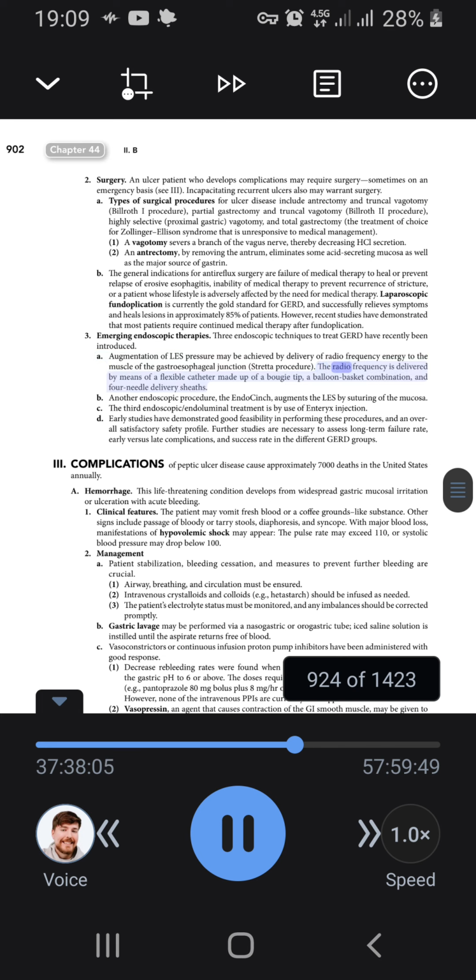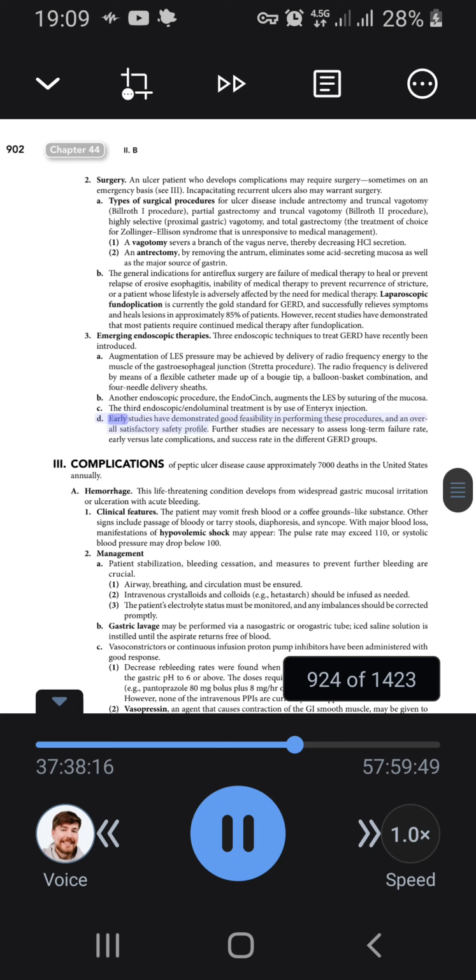The radiofrequency is delivered by means of a flexible catheter made up of a bougie tip, a balloon basket combination, and 4 needle delivery sheaths. B. Another endoscopic procedure, the EndoCinch, augments the LES by suturing of the mucosa. C. The third endoscopic endoluminal treatment is by use of Enteryx injection.